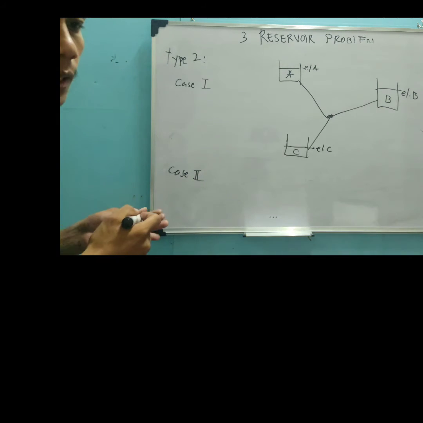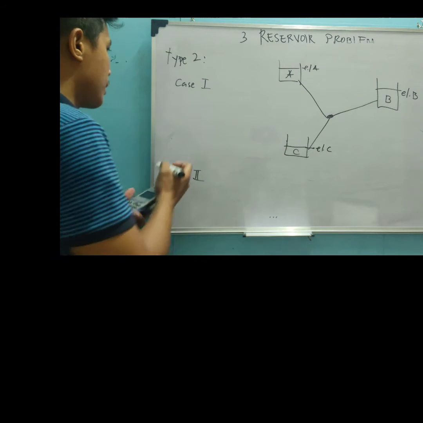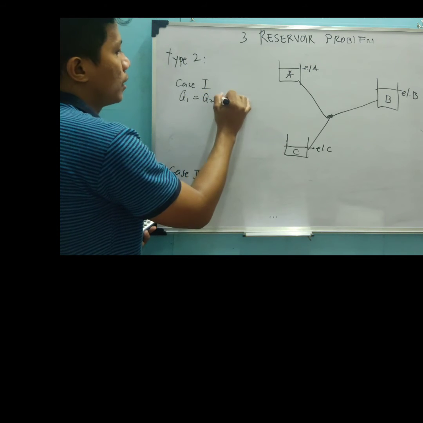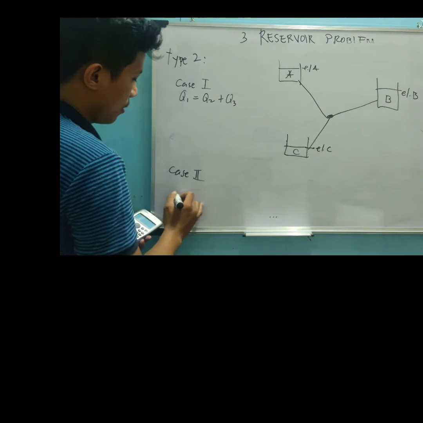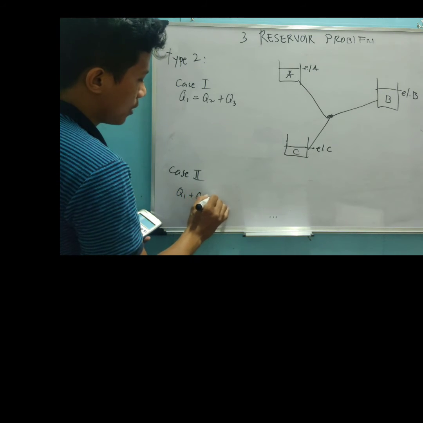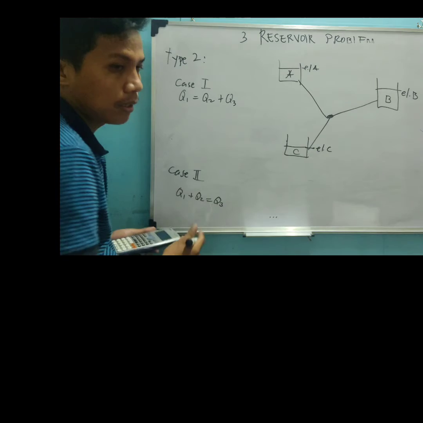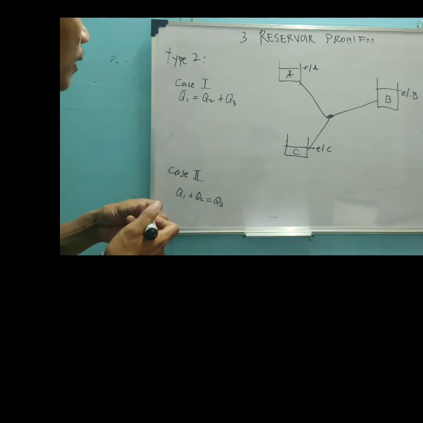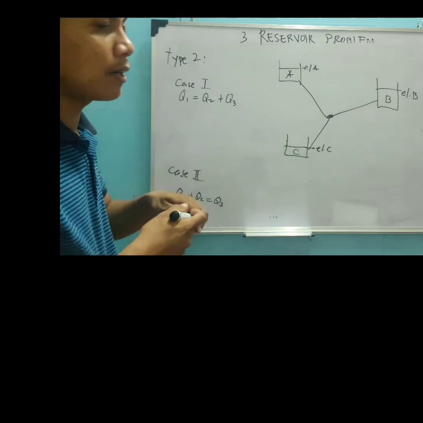So, for case 1, Q1 is equals to Q2 plus Q3. Then, for case 2, Q1 plus Q2 equals Q3.